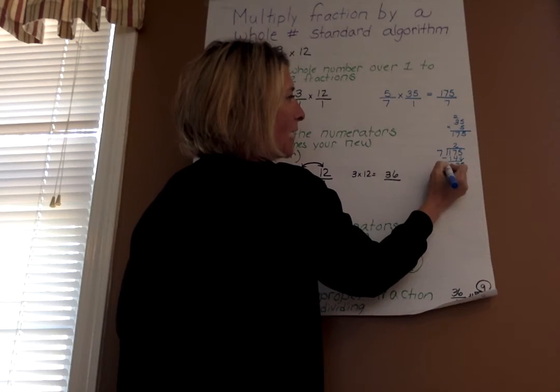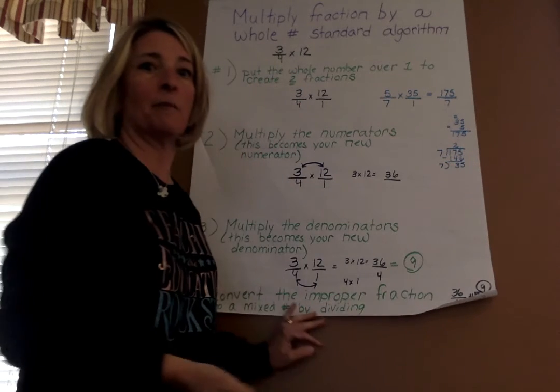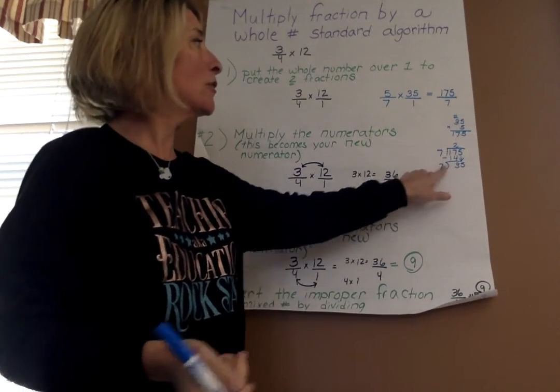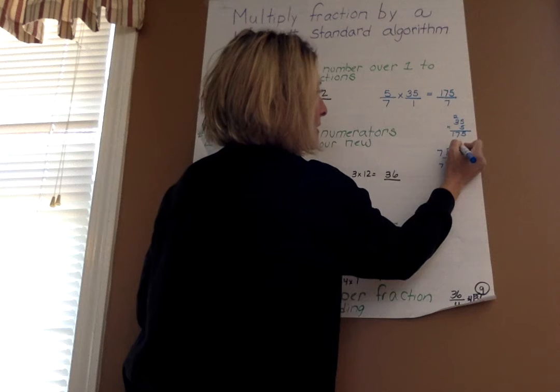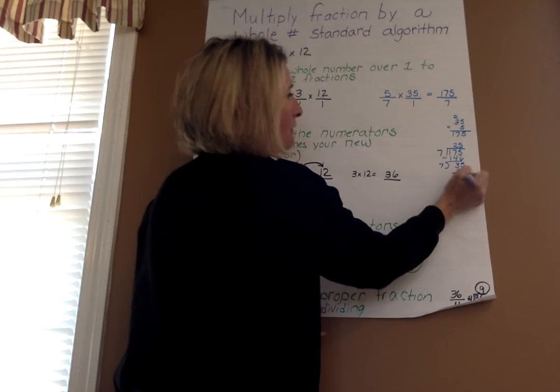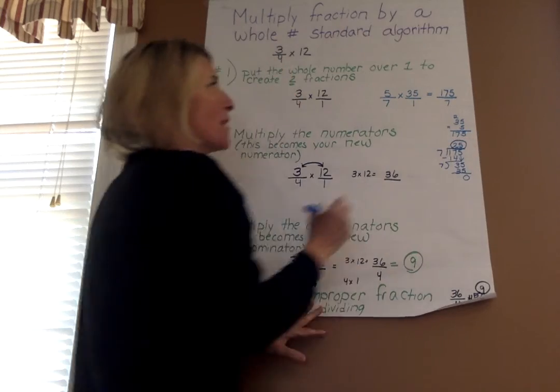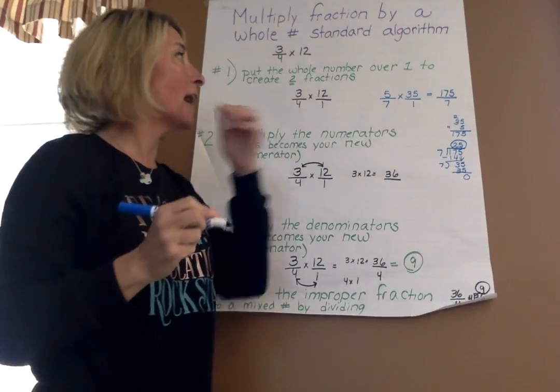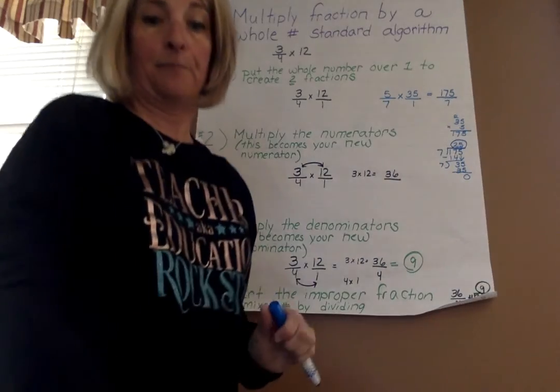Bring down my 5. My new division problem is 35 divided by 7. So 35 divided by 7 is 5. 5 times 7 is 35 with a remainder of 0. So that means that 5/7 of 35 is 25.